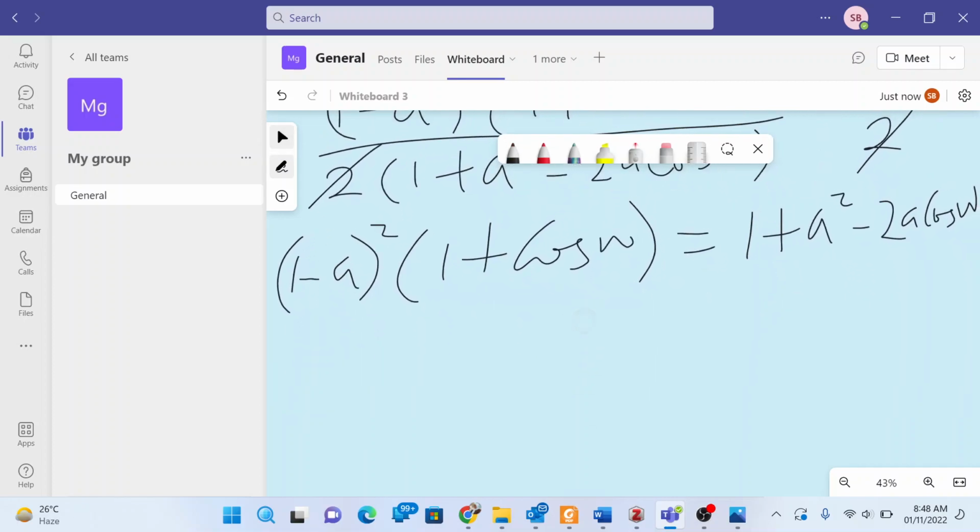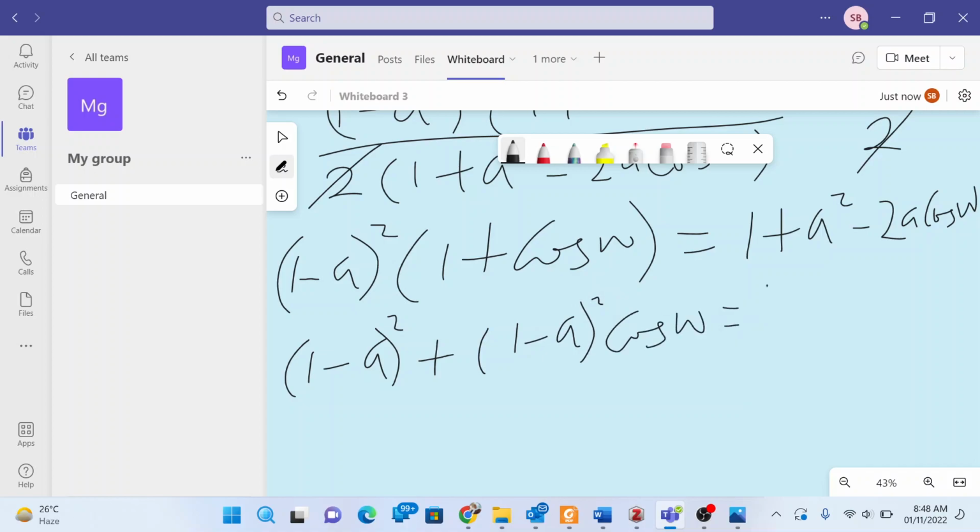We expand the brackets, and this is going to be 1 minus a, all squared, then plus 1 minus a, whole squared, again cos omega will be equal to 1 plus a squared minus 2a cos omega. So let us bring the cos omega terms together.